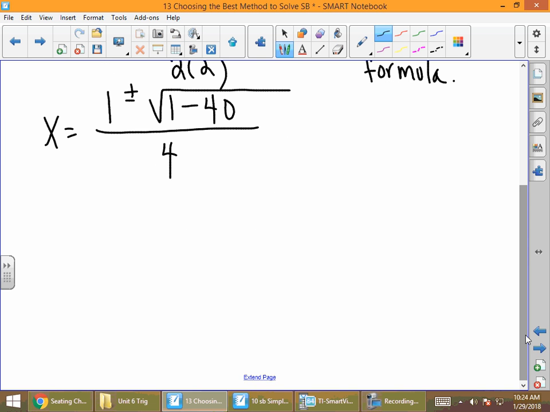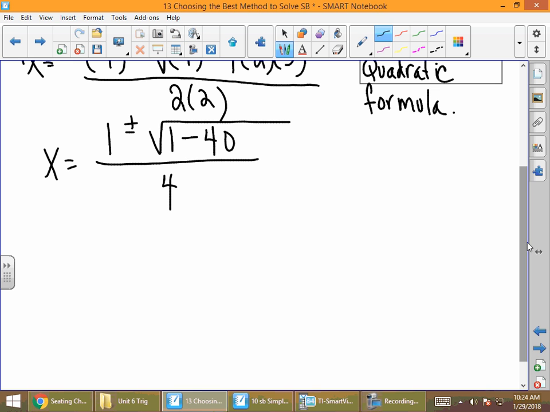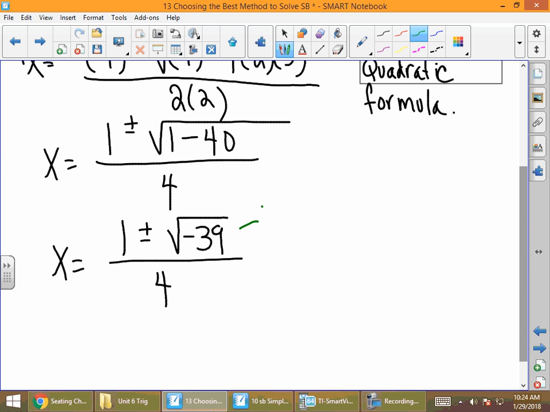And if you did use your calculator, what you probably don't have is the 1 minus 40. You probably went directly to the fact that you get negative 39 divided by 4. And we need to look and see, can we simplify that value? Well, we at least can do a little bit. This is the square root of negative 1 and the square root of 39.